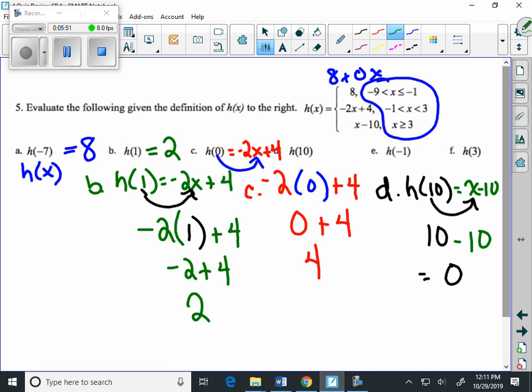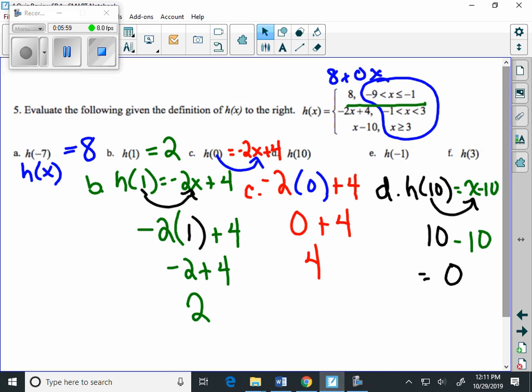So h of -1, we're using this function there. -1 is x is less than or equal to -1. So when we go back to put something in, we don't have any x to put it back in. We simply end up with the value there, which is 8.